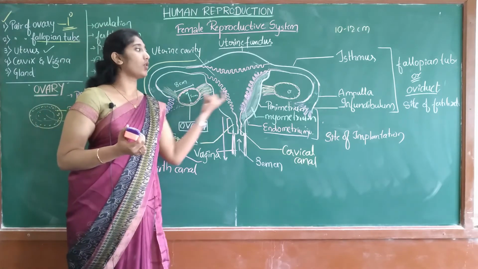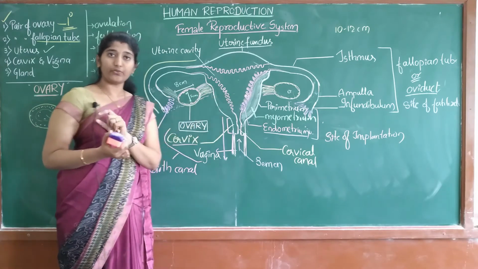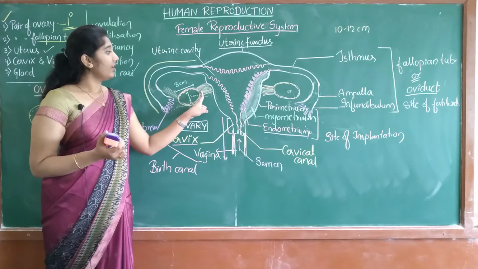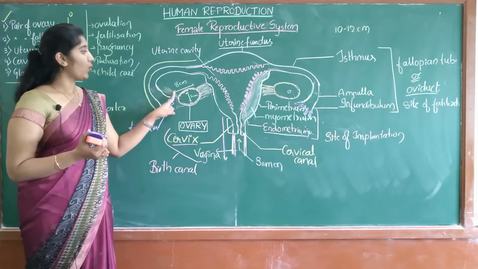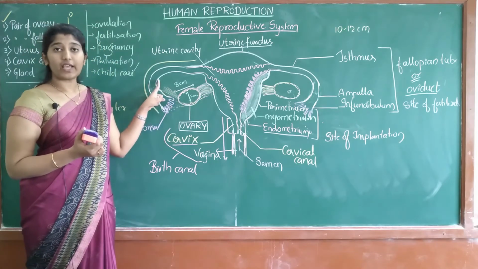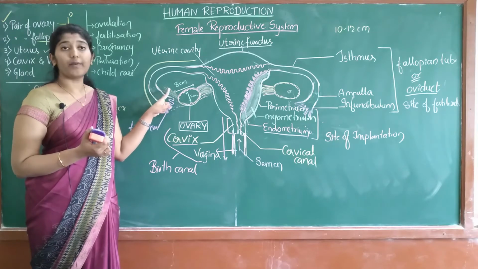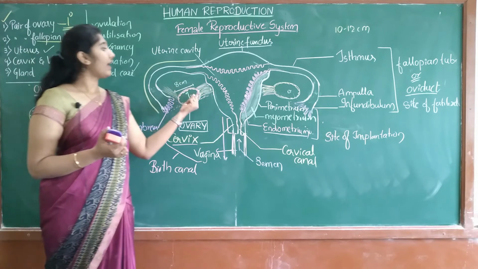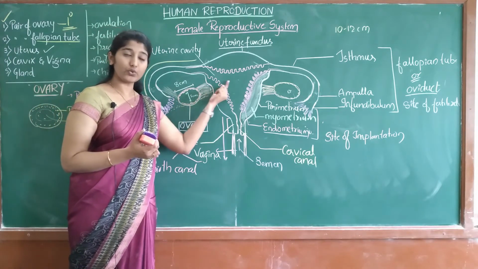Both the ovaries are located one on either side of the body in the pelvic region, and they are held with ligaments on the lateral side. One side of the ovary is attached with the mesovarian ligament to the pelvic wall, and the other side of the ovary is attached to the uterus.